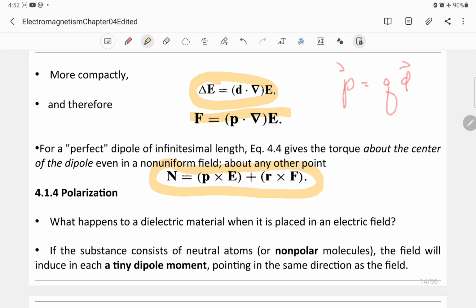So again, what happens to a dielectric material if it is placed in an electric field? For nonpolar molecules, the external field will induce a tiny dipole moment for each neutral atom, where the dipole moment is pointing in the same direction as the field.